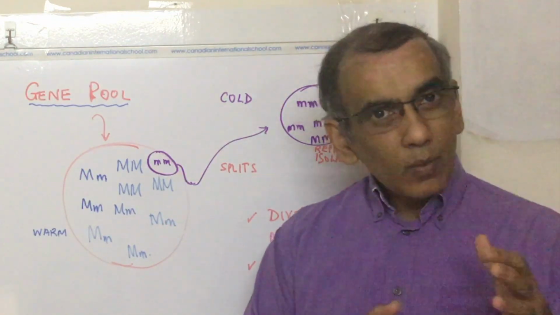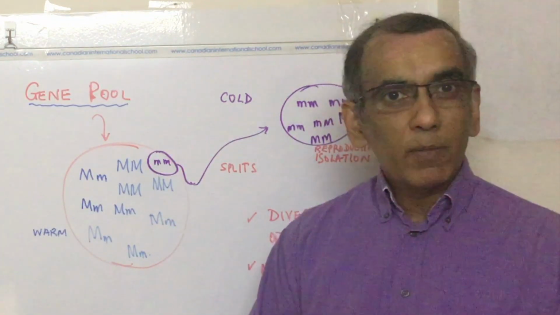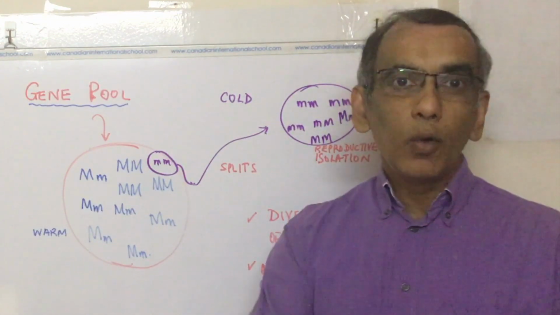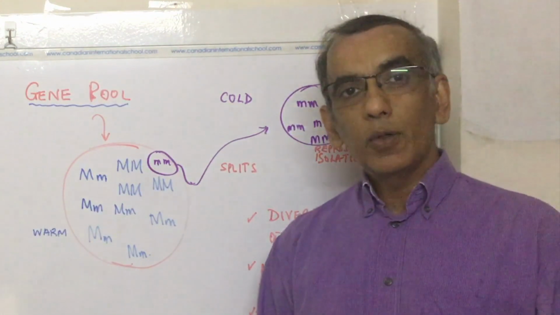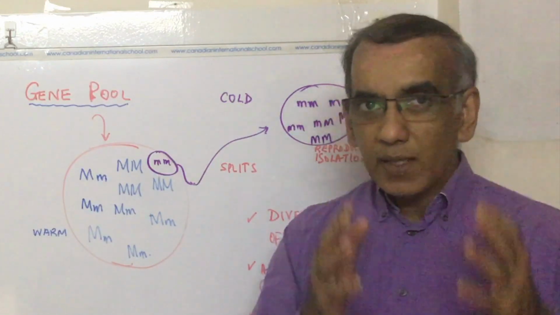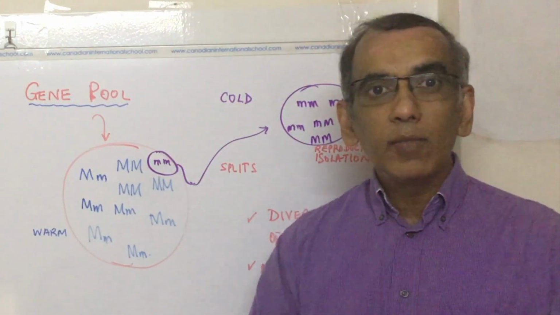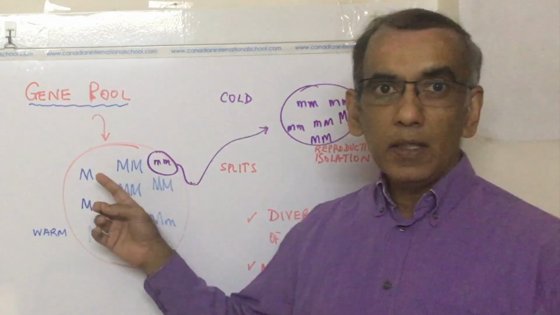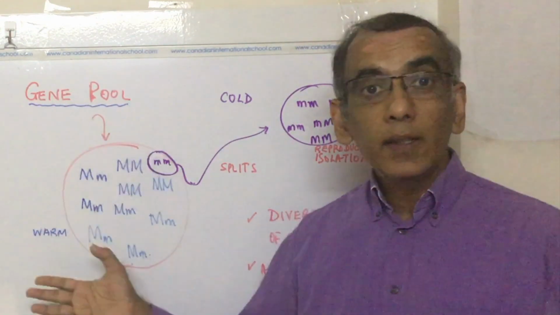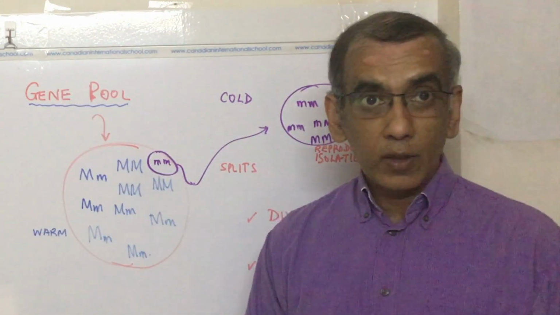So while it was warm in the summer, it tended to get a little bit cold during the winter months. So these mice would be best adapted if they had the medium length coat. So that would mean the genotype big M, little m would be favored in the struggle for existence.